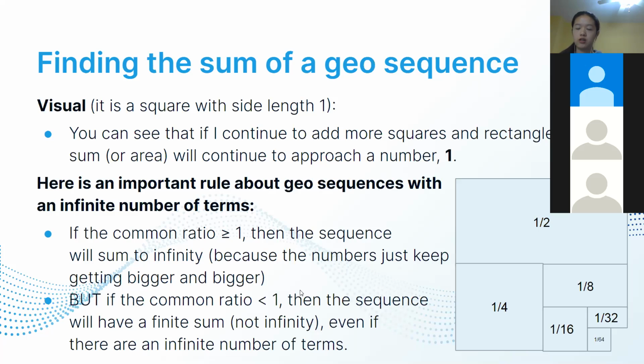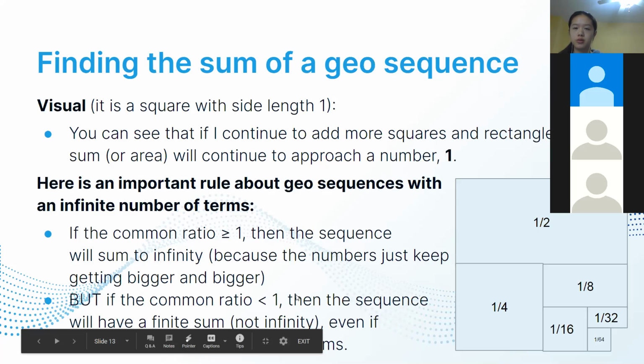So even though there will be an infinite number of terms, the sum will not be infinity. The sum will be what we call finite. Finite is just not infinity. It won't equal infinity. And so now we're going to introduce 2 important formulas about the sum of geometric sequences.